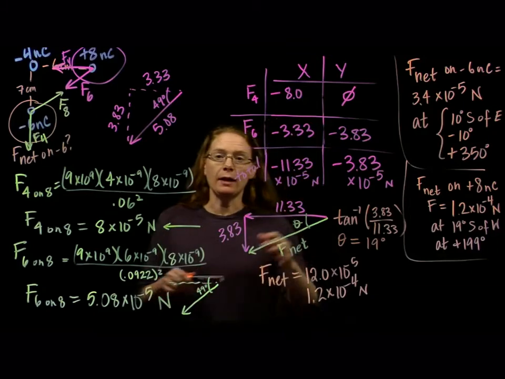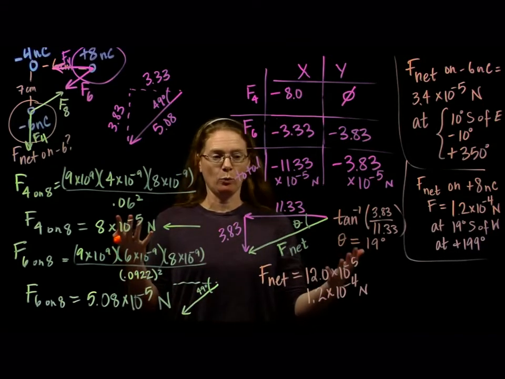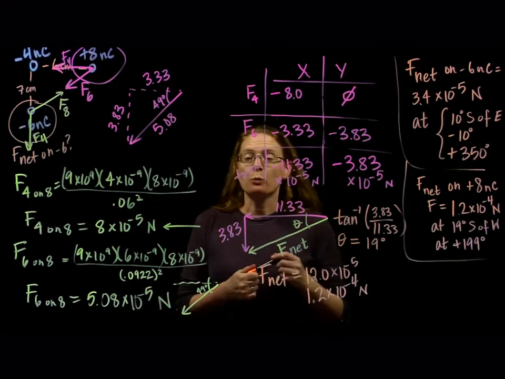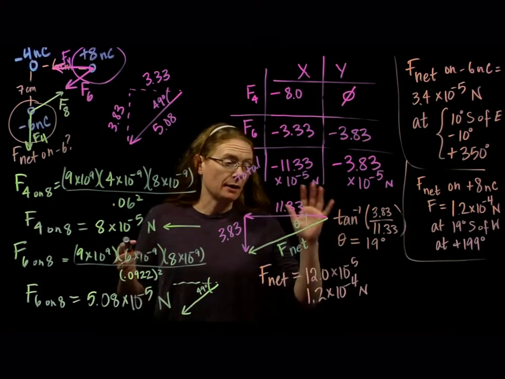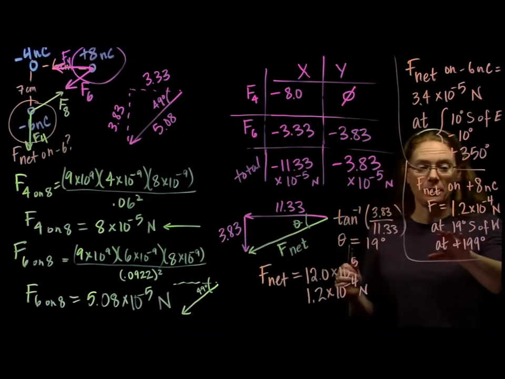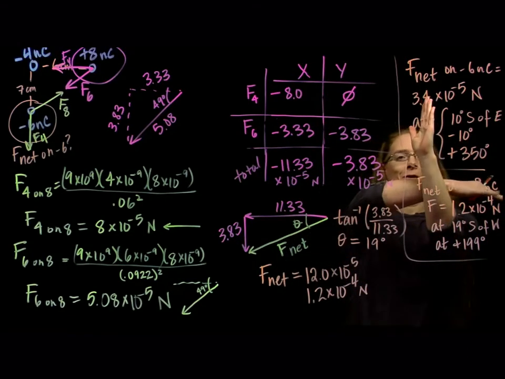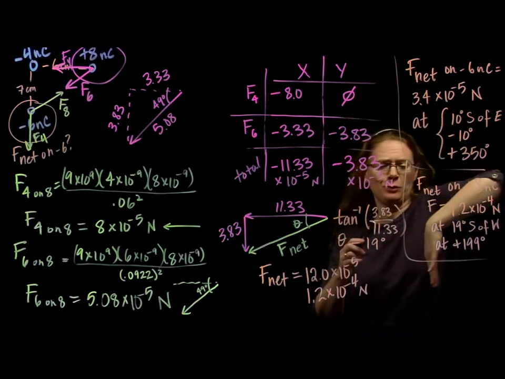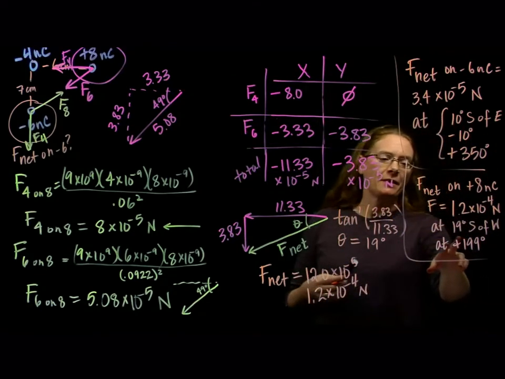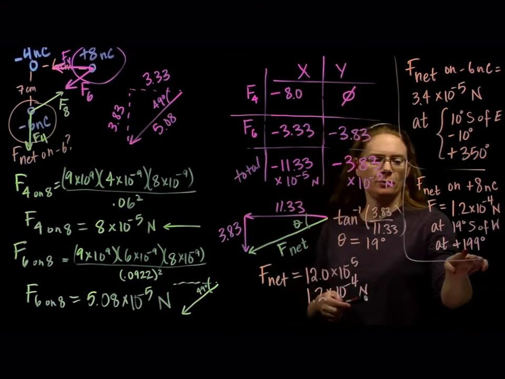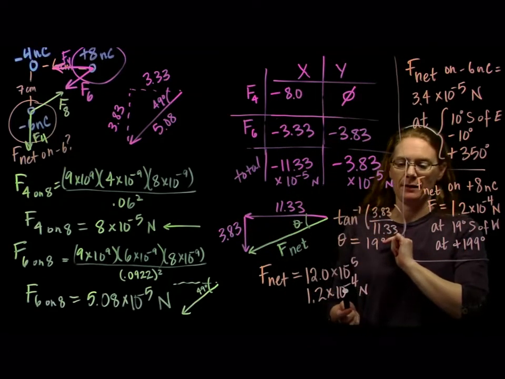Now remember, that 19 degrees doesn't describe it well enough. That 19 degrees could be anywhere. So the best way to give it is either at 19 degrees south of west, or if you do the 0, 90, 180, 270, if you do the circle, then it would be 180 to here plus 19. It would be positive 199 degrees.